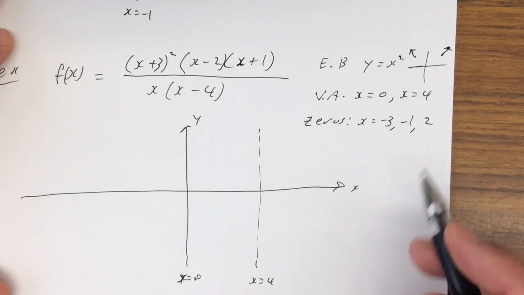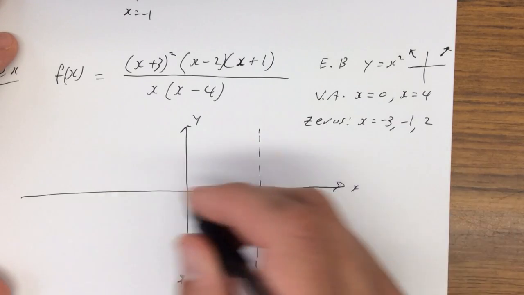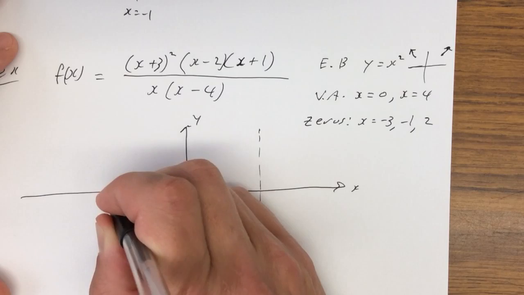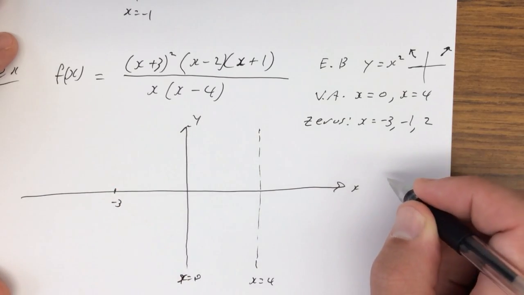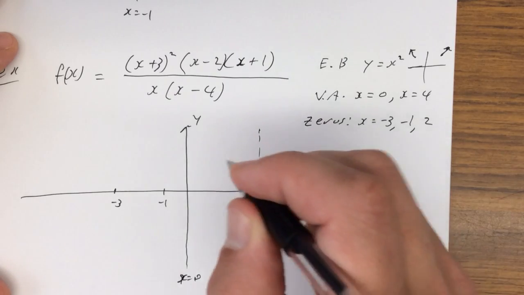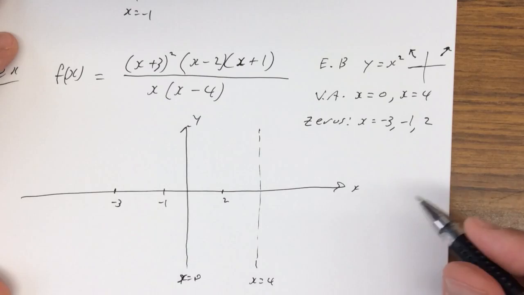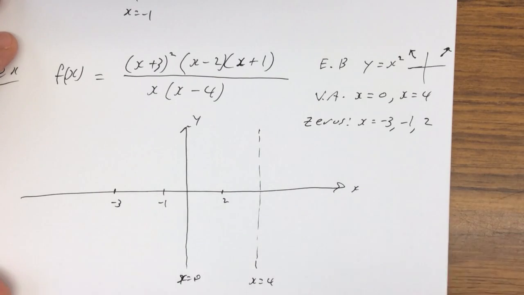Then we put in the zeros of x equals -3. Okay, so -3, say there. And then we've got -1. And then we've got 2. Okay, so those are our x-intercepts.